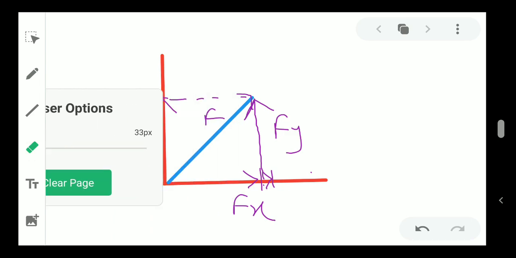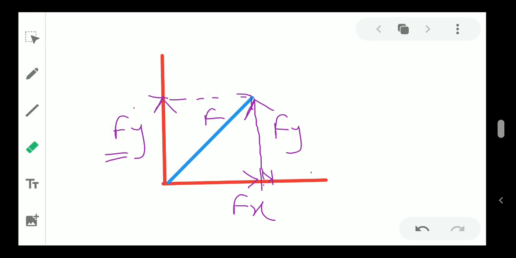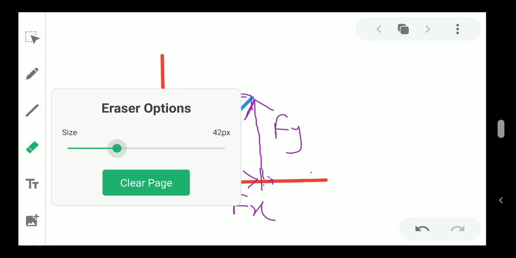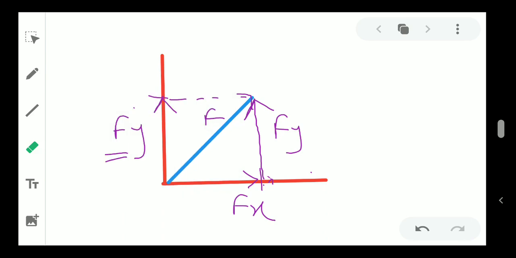Now let me just remove this part. See one thing very clearly. If you consider this triangle, and this is my theta, then I know that cos theta is base by hypotenuse.